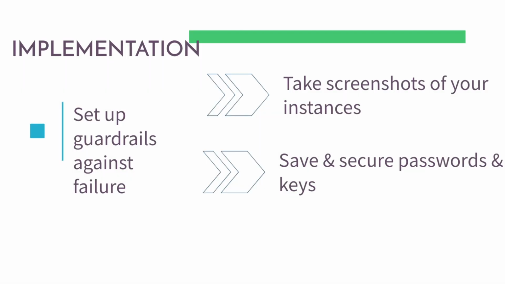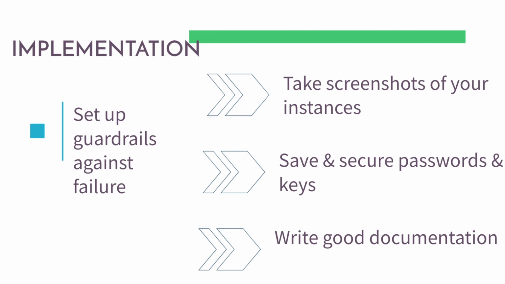So if you ever mess anything up and you need to go back, you don't have to start over from scratch. As you're setting up your server, there's going to be lots of passwords, PEM keys, .pk keys, certificates. Save all of these in a secure way, for example, saving them in something like 1Password. Don't just save them on your local computer. And lastly, write good documentation.